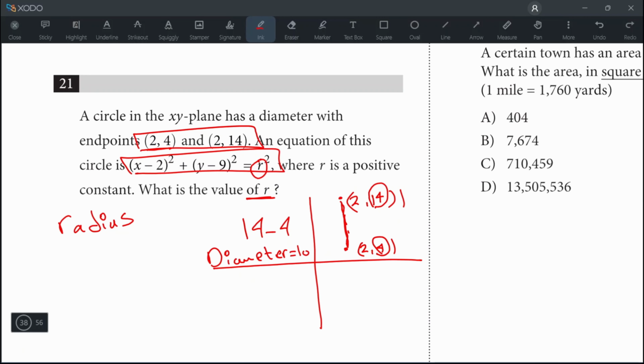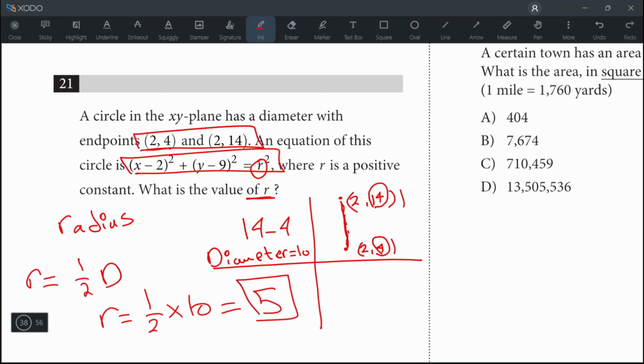You should also know that radius is half the diameter. So r is equal to half multiplied by 10, which is 5. So the answer for this question is 5. You can also revise the circles chapter in case you find some hardship solving such questions.